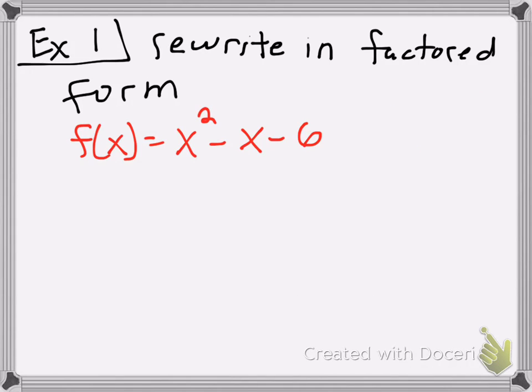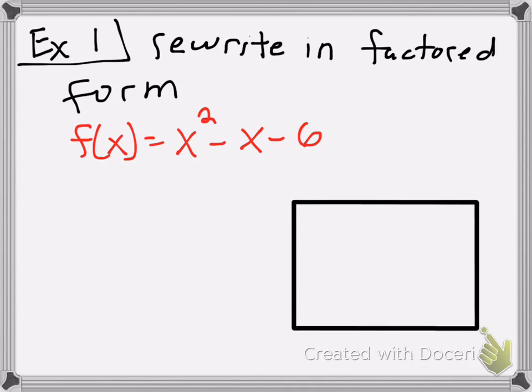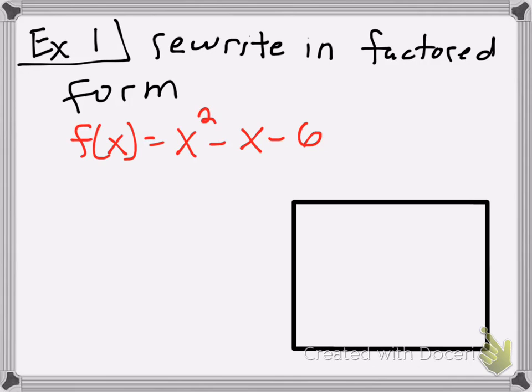First problem, we're going to rewrite x squared minus x minus 6 in factored form. Well, guys, if you remember that diagram that we had from the previous video, it kind of tells you what you need to do.